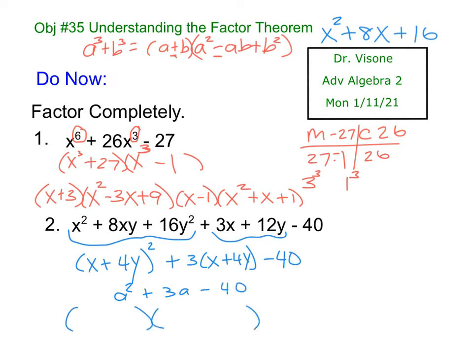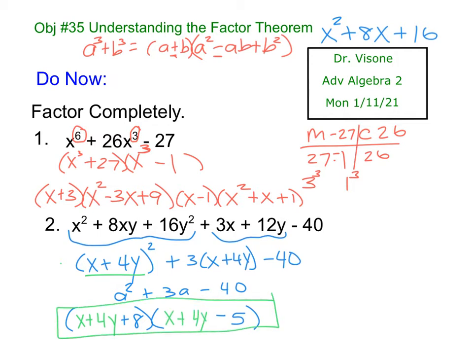So what multiplies to negative 40 combines to 3, 8 and 5. Right? So plus 8 minus 5. But instead of a, what do we have here? We've got that x plus 4y. So x plus 4y plus 8, x plus 4y minus 5. And that is our answer.